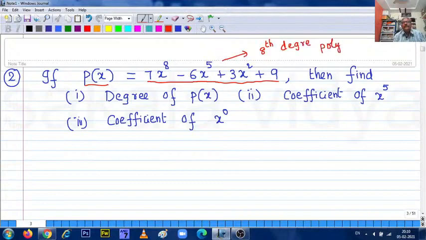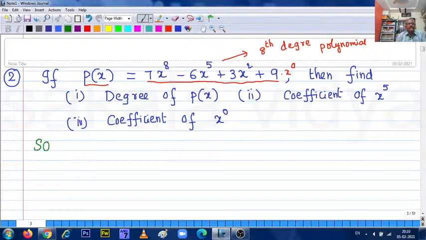Here the constant term we can write as x to the power of 0. The powers are 0, 2, 5, 8. Highest power is 8. The highest power of the variable is called the degree of p of x. So degree is 8 here. Now the answer we can write like this.